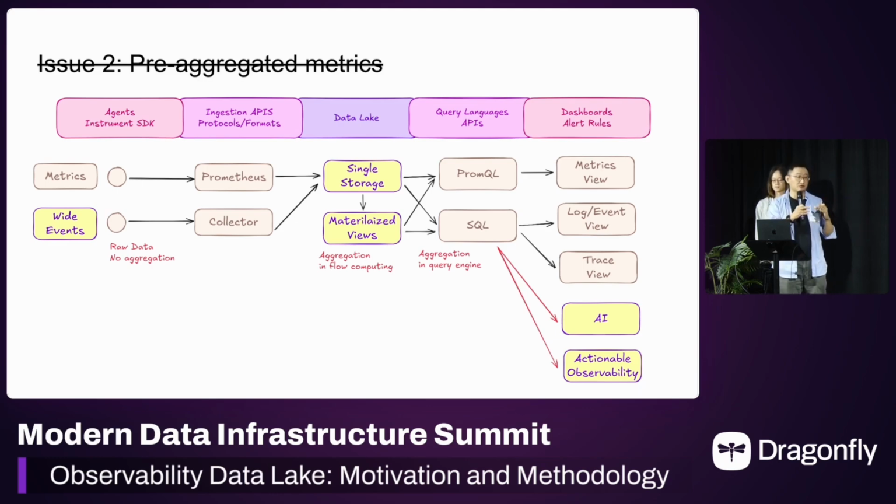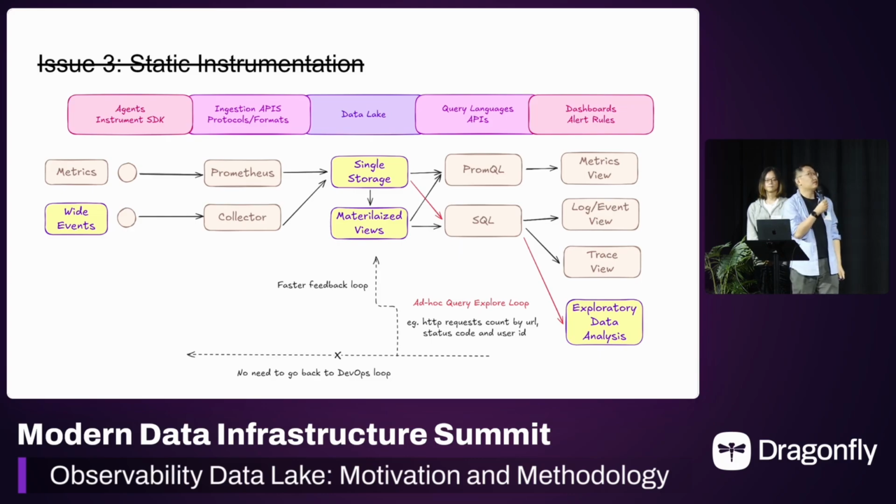Because we have the raw data, we can provide more information to these AI tools. AI tools are very good at making decisions based on context information. And this addresses the pre-aggregation issue.